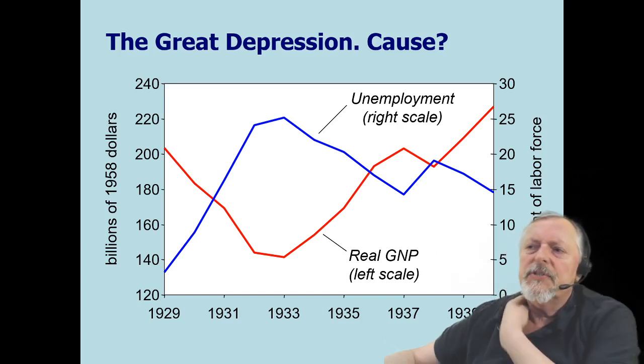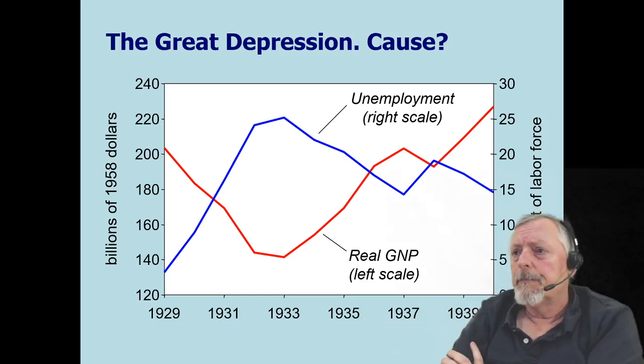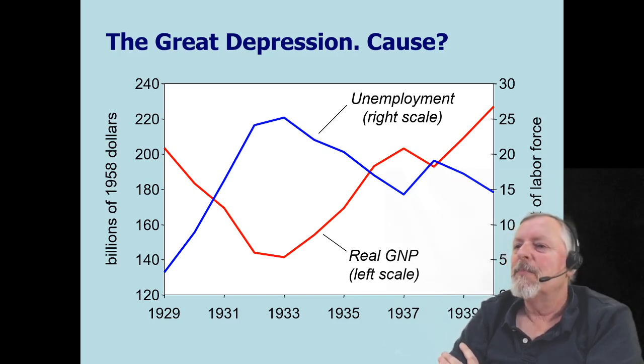Economists have been studying the Great Depression for almost 100 years now, in part because it's a puzzle, and economists love puzzles. But also, we study it to make sure we understand how to prevent it from happening again.